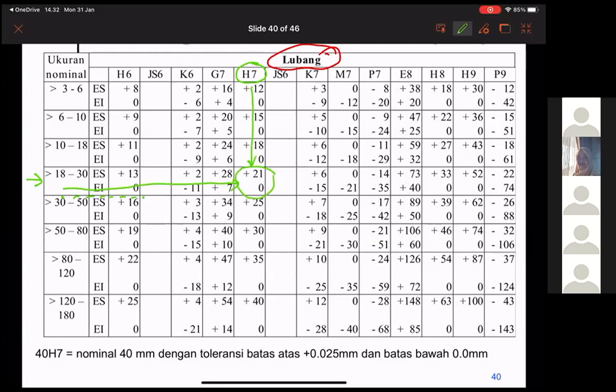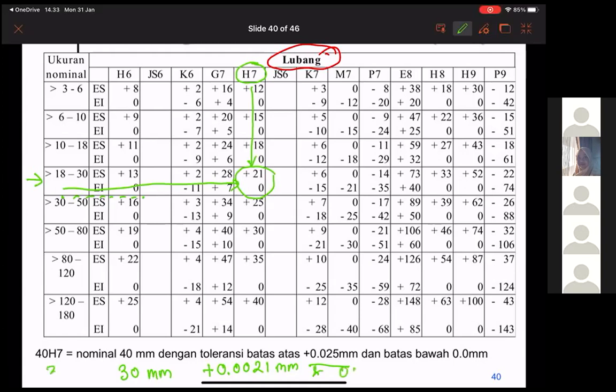But it should be divided by 1000, so it should be plus 0.021 millimeter. So it makes the nominal 30 millimeter plus the maximum tolerance, and the lower tolerance would be 0.